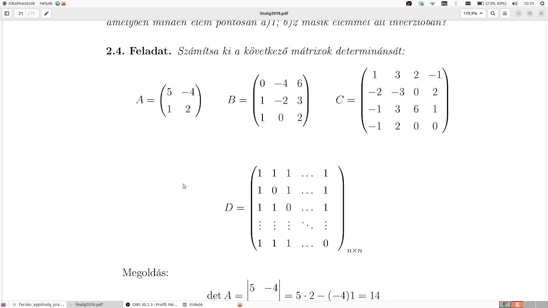That's simple, great. This was the Sarrus rules, but there is another way.